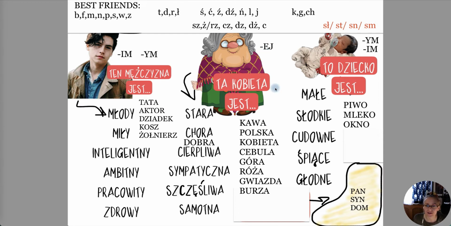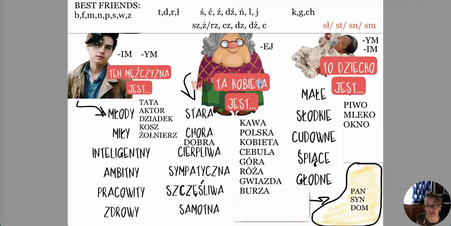So let's look at the word kobieta, a woman. In locative case, when it comes to nouns, we need to look at many things. We need to look at the gender of the noun, but also the consonant, the last consonant in a word, as this will cause alternation.